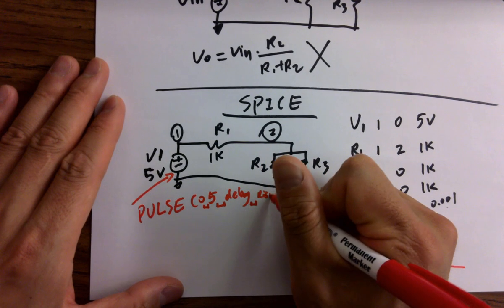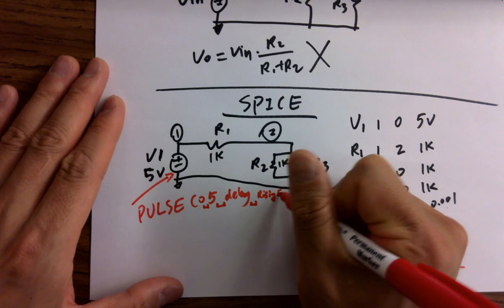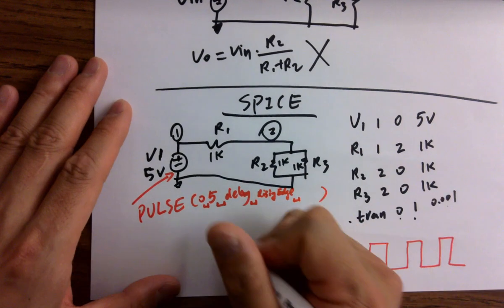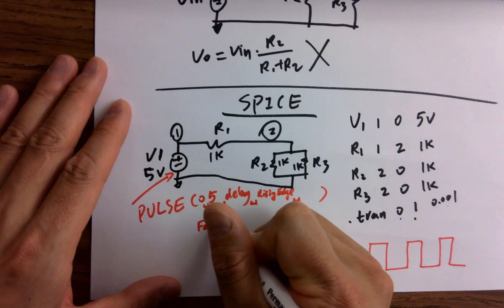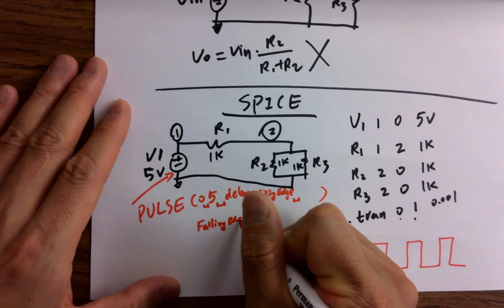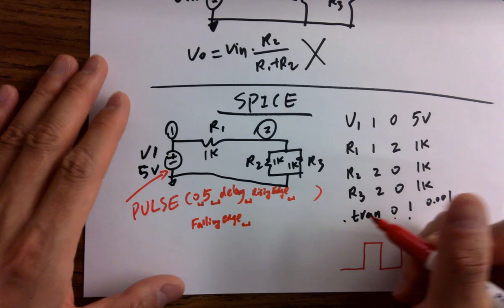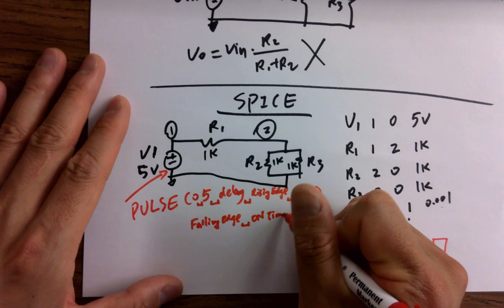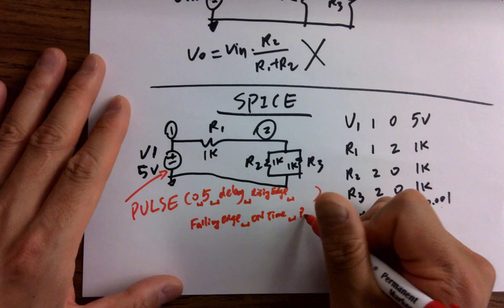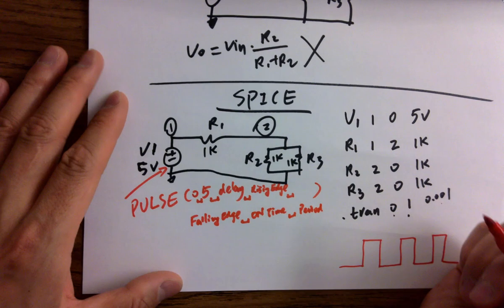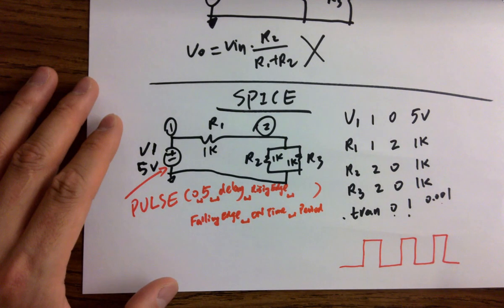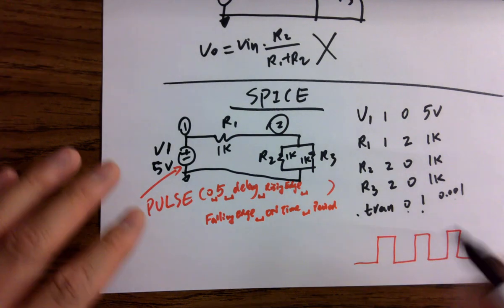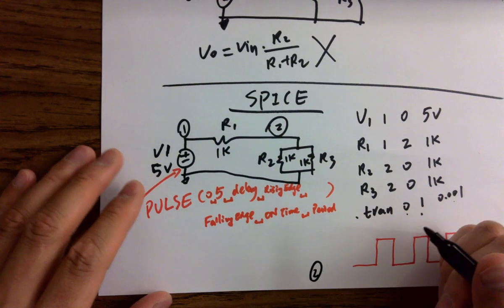It's a time, okay? Rising edge. And falling edge. And on time. And period. So these are all the arguments in a certain order. You have to follow the order when you are trying to modify all the arguments inside.